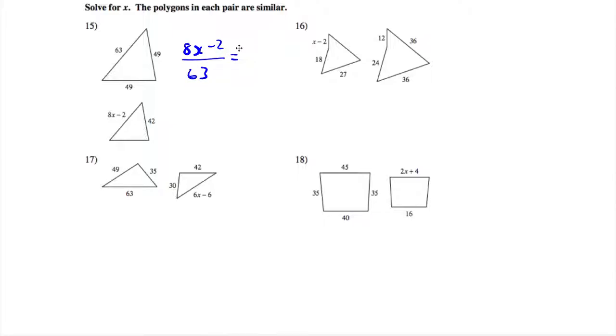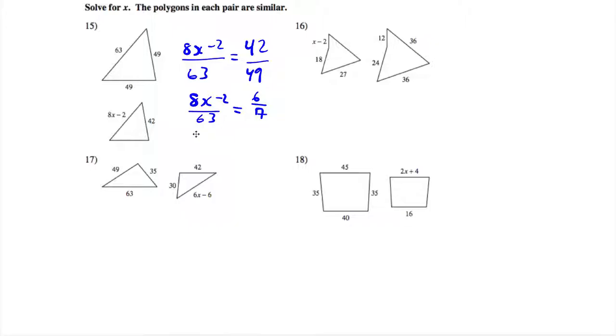And that's going to equal, notice that 8x minus 2 is on the same polygon, same triangle as 42. We can actually reduce this fraction over here. They both have a common factor of 7. So 8x minus 2 over 63 is equal to 6 over 7.